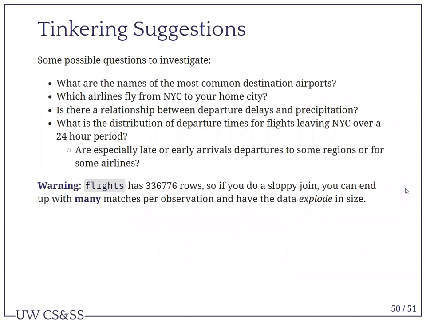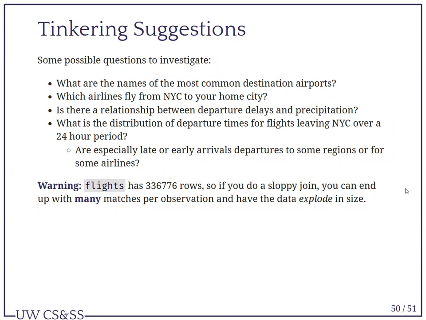Okay, so some suggestions for tinkering when it comes to your joins and what you'll be working on in your homework. The reason I'm providing these is because I know that some folks see this homework assignment and are like, I don't even know what to ask. So here's the place you could start. What are the names of the most common destination airports?